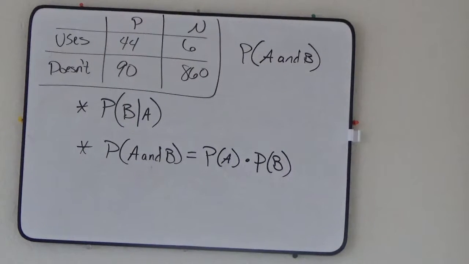Dependent events, however, this is when the first event does affect the results of the second event. An example of that is, let's go back to the marbles in the bag. If I wanted to find the probability of drawing a red marble, well, I would draw the first marble and not replace it in the bag. And then I want to find the probability of drawing a blue one. Well, the probability of the blue one is affected by the red one because now I have one less marble in the bag.